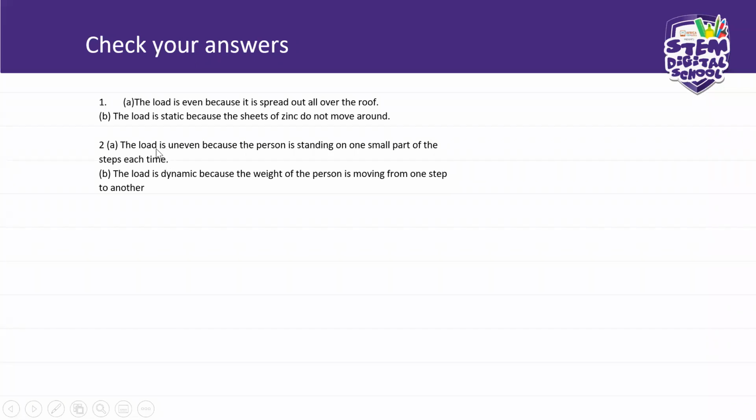No, this answer is wrong because we said people are climbing up and down the stairs. So this is what I would mark wrong. The load is dynamic because the weight of the person is moving from one step to another. So this one, the load is even because the weight of the people is distributed on the staircase.